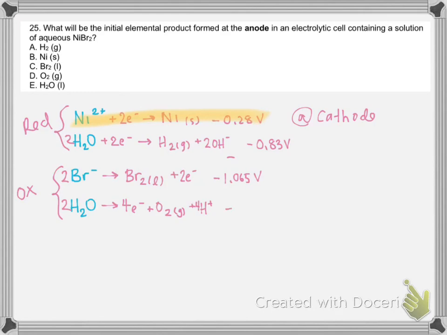This has a potential of negative 1.23 volts. We want to pick which of the oxidation reactions has the most positive potential, which will be this bromine reaction. So this is what will happen at the anode, and the product of that is the bromine liquid. So the answer here is C.